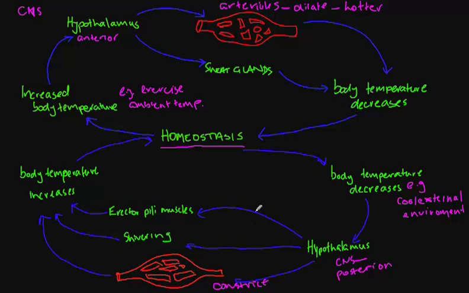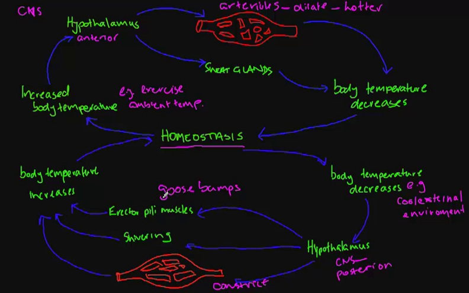Finally, the hypothalamus sends electrical impulses along motor neurons to the erector pili muscles, the muscles that control the hairs on the skin. They stand upright, and what we see is goosebumps. Characteristic of the erector pili muscles working is goosebumps.